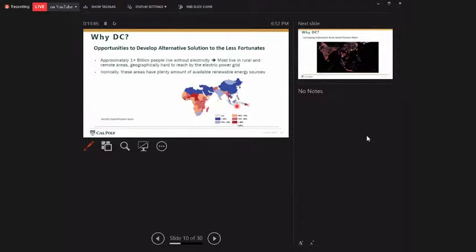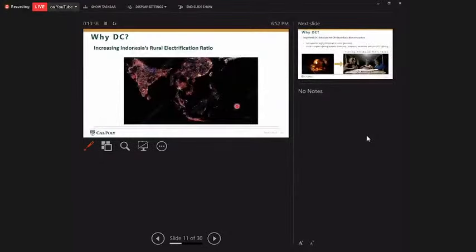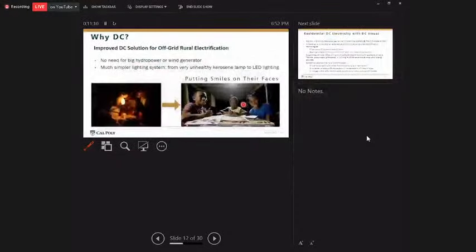So we can help by developing technology that can improve utilization of these energy sources, small or big. You can see here a picture of Indonesian islands. You can see most of the islands are still dark. So we need to be able to develop technology that could help increase access to electricity through renewable energy.